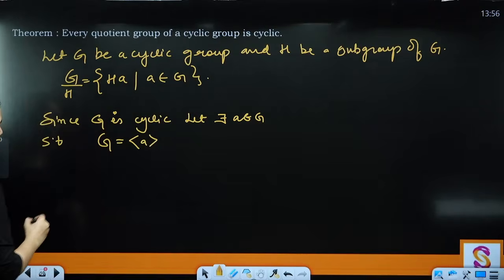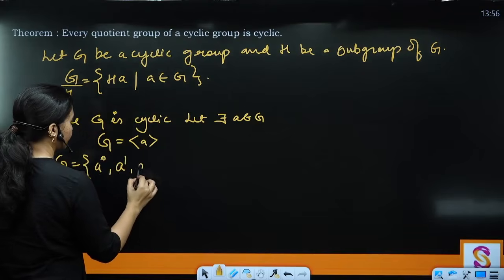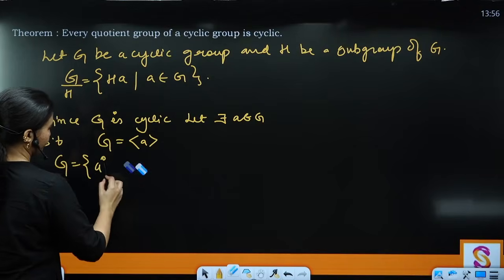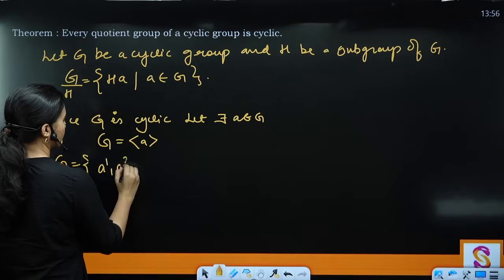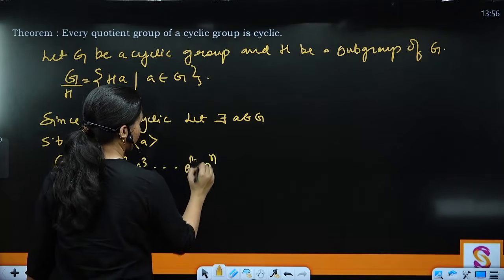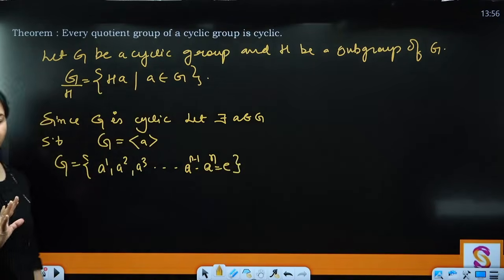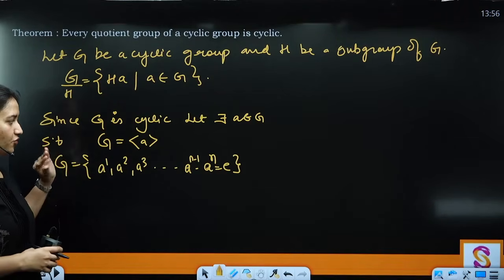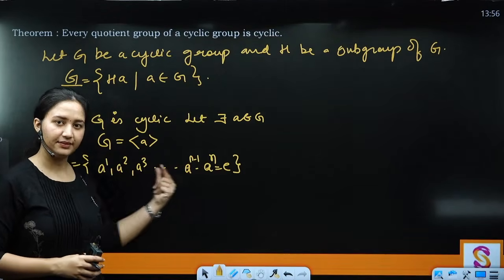So this implies that G is going to look like a^0, a^1, a^2, a^3, till a^(n-1). So these are the elements that are going to be part of G, right? Now, whatever cosets are being generated, they are being generated by these elements only, right?